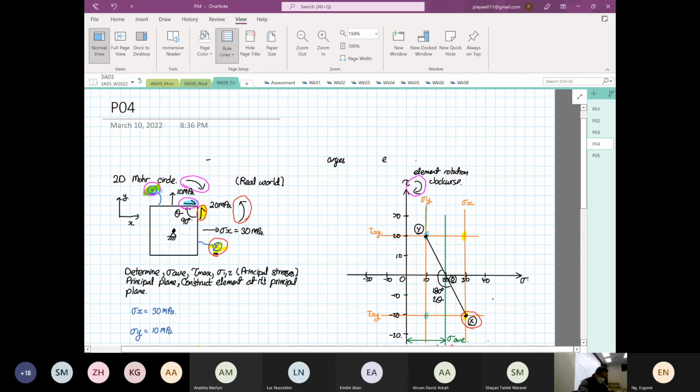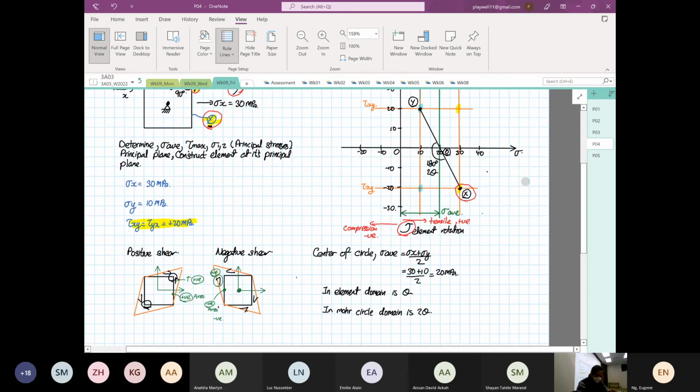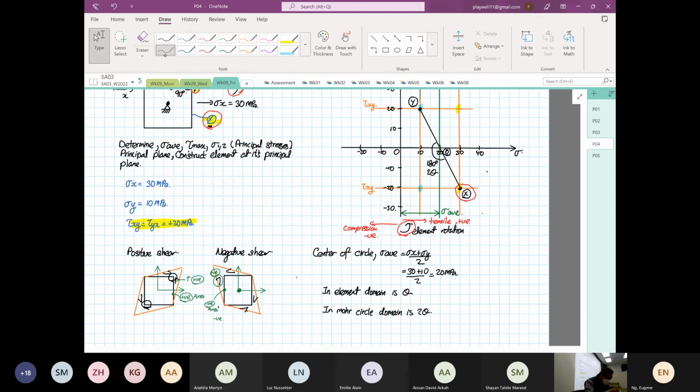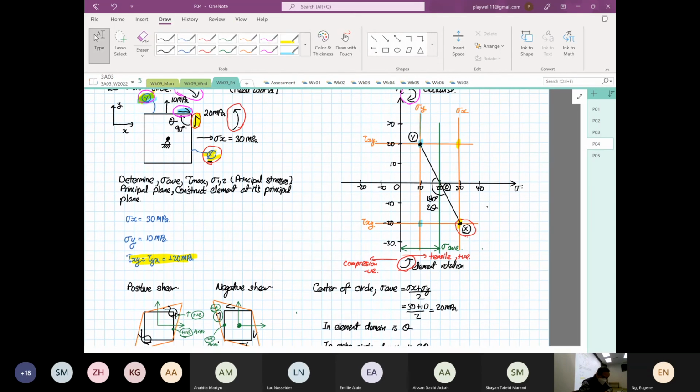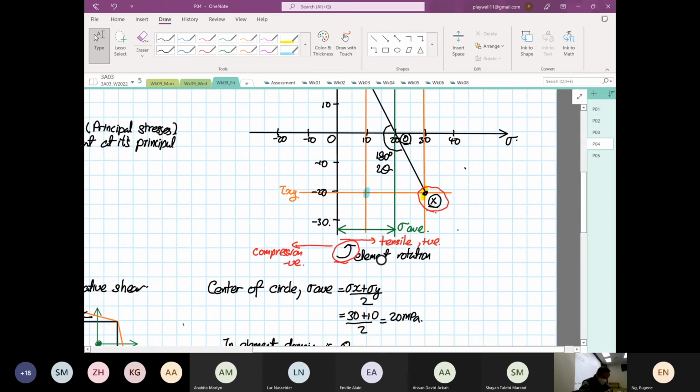Okay, right, so we just talked about the angles. So next, we are going to draw the circle.